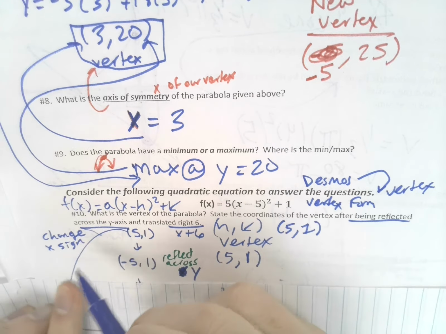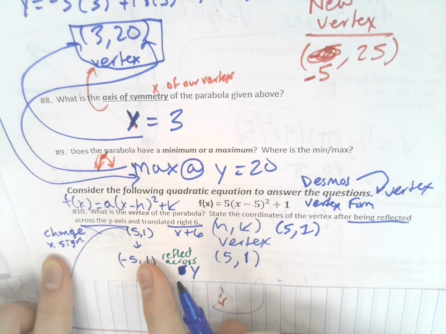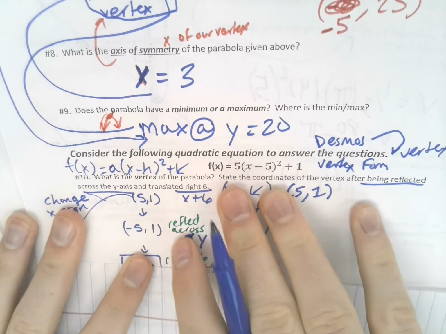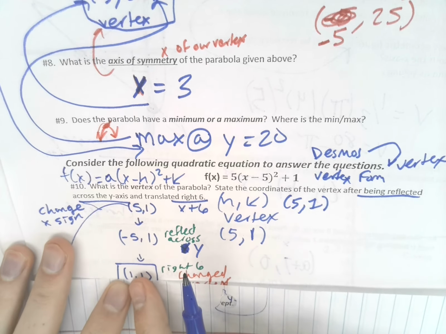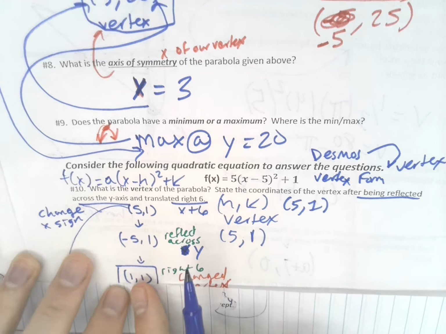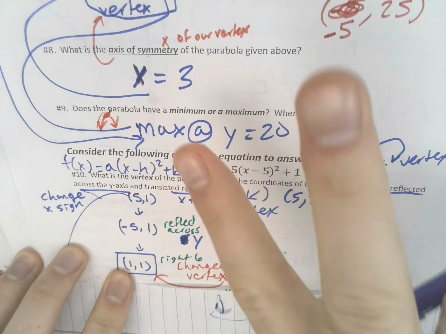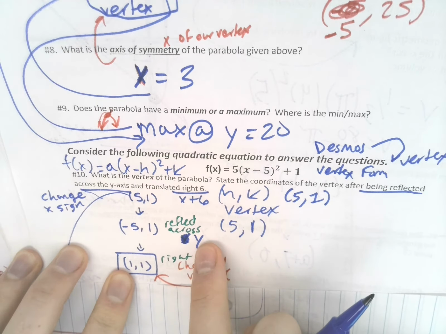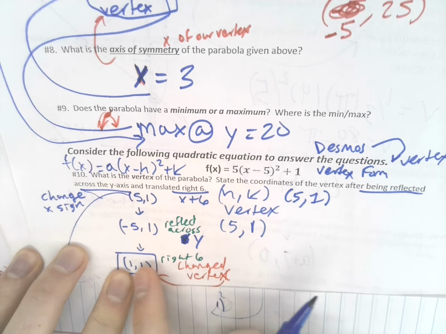Reflect across the y-axis, change the x sign, 5 becomes -5. And then we're going to go right 6. So right 6 means we're going to add 6 to -5. -5 plus 6 gives us 1, 1. So we did 2 things there, guys. Reflect across the y-axis, and then add 6.